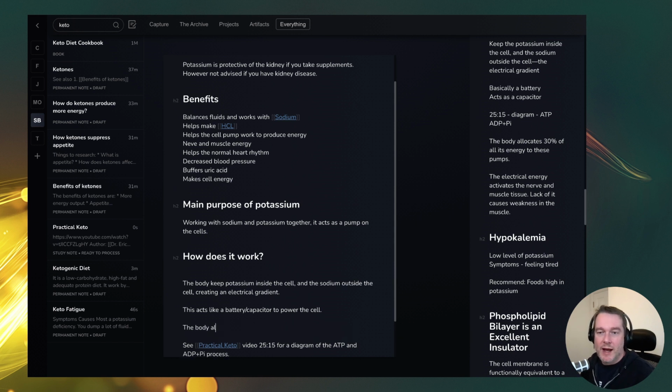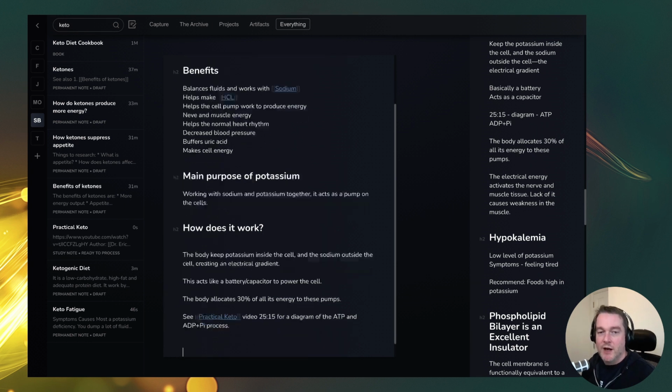The body allocates 30% of all its energy to these pumps. So 30% of your body's energy is purely down to the potassium and sodium. So you can imagine if you had a deficiency, it would impact your energy levels.